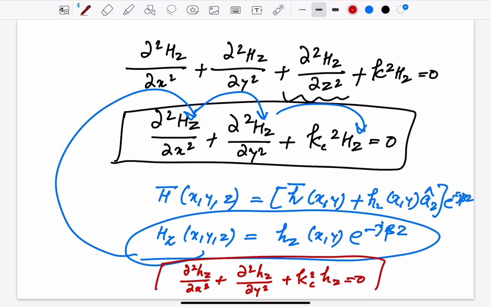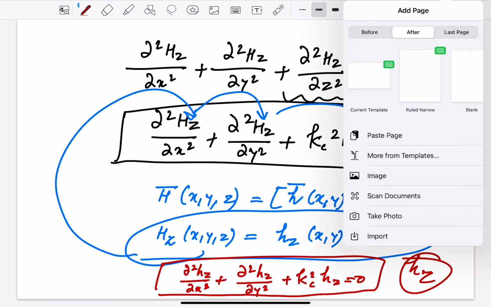That's all. This is the differential equation you are supposed to solve to get Hz. Once Hz is solved, the problem is solved for the TE mode, because the moment you put the Hz value in those equations, you can find all the transverse components.